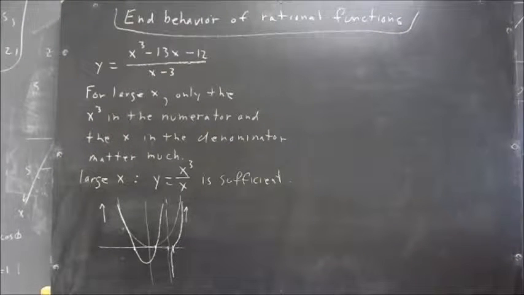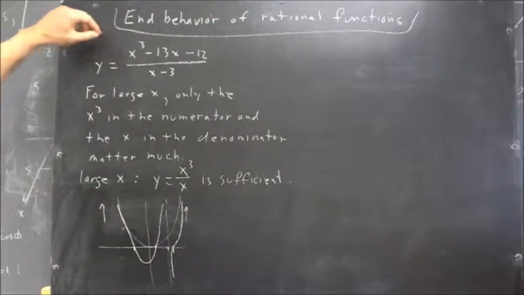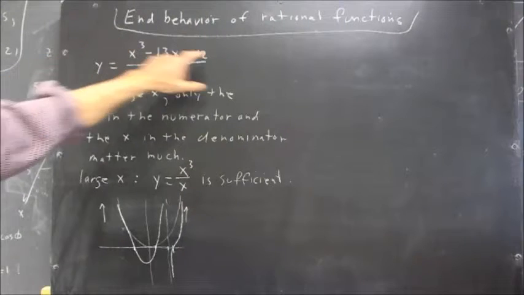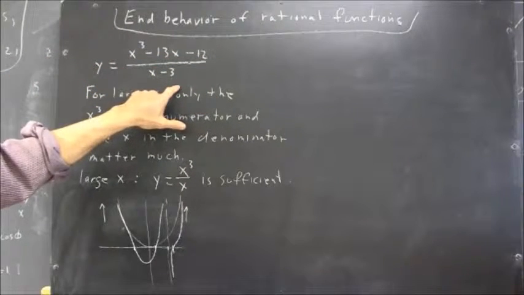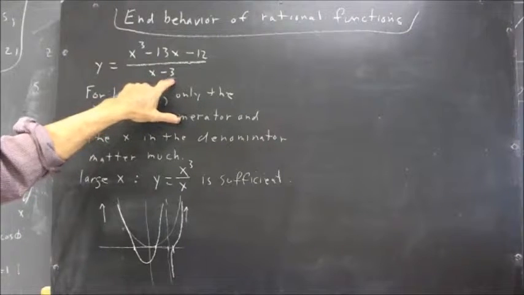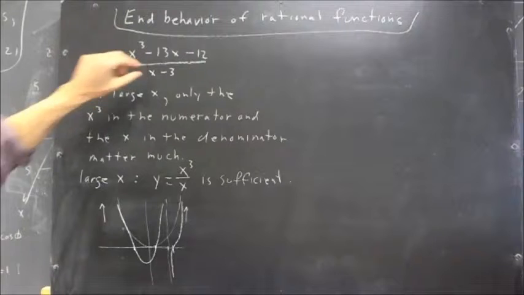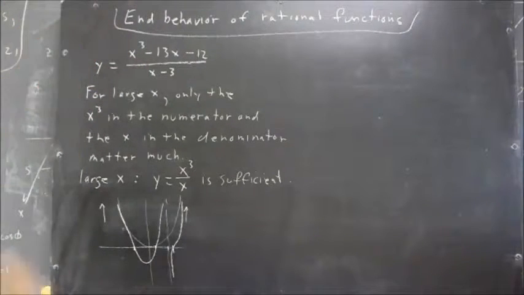Another way of looking just at the end behavior is this: if x is a really big positive number, then the numerator is a really big positive number and the denominator is a big positive number, so dividing gives you still a big positive number.